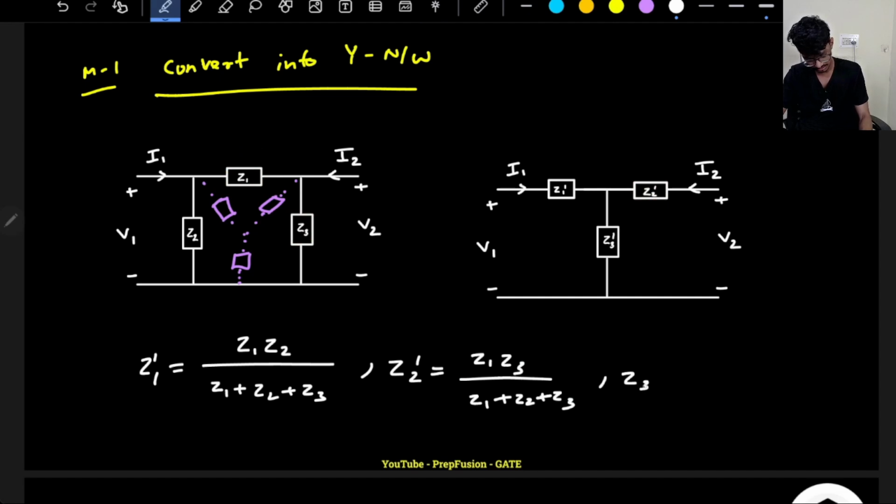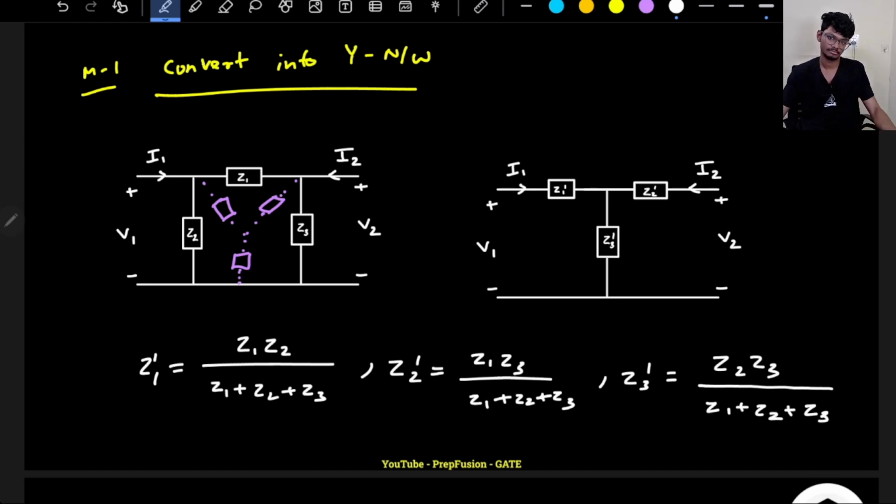And same for z3 dash. z3 dash has the adjacent impedances z2 and z3, over z1 plus z2 plus z3.